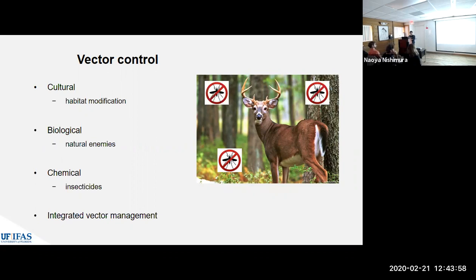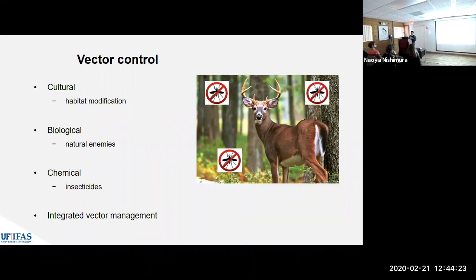We have cultural management strategies now that we have identified the habitats of the vectors and characterized their nutrient levels, macronutrients, micronutrients, pH levels, whatever. How can we manipulate these environmental variables so as to make these habitats unsuitable for vector oviposition and larval development, right?